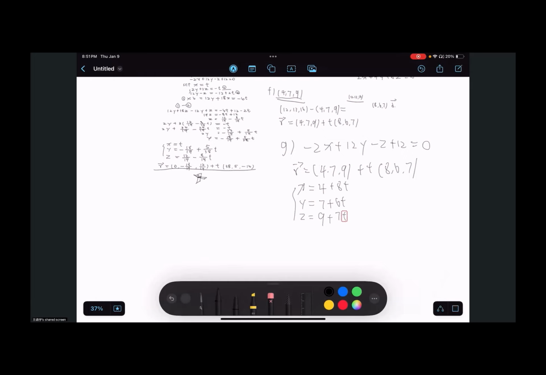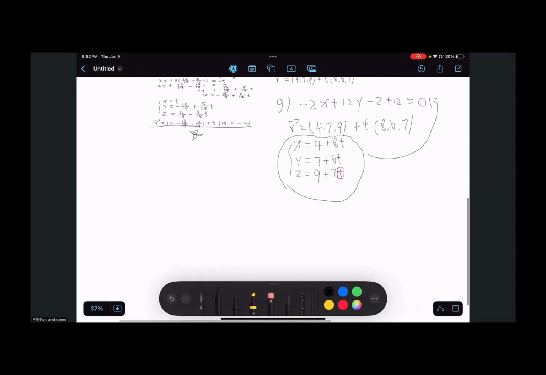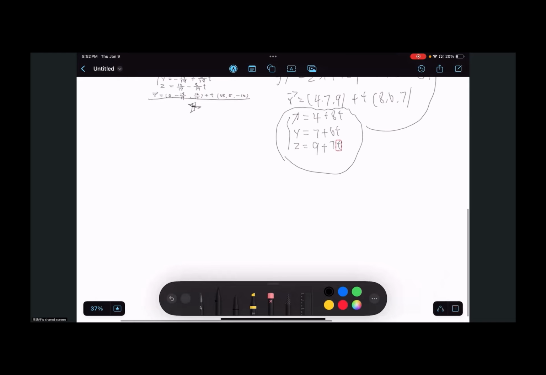So the next thing we need to do is put this x, y, z into this Cartesian equation so that we can solve for t.